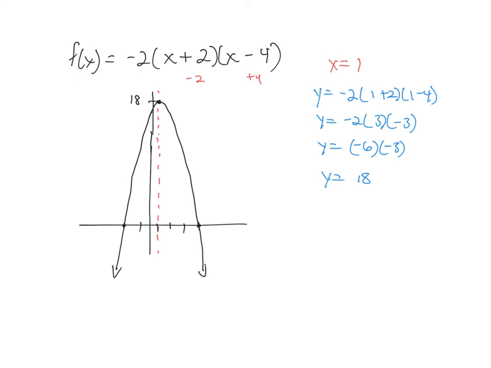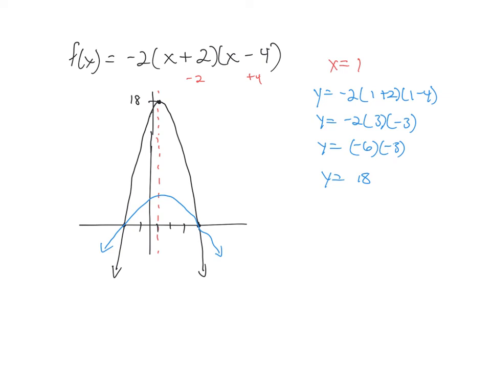So what this 2 does, and there's a -2, negative means it's going to go down, right? And then the 2 kind of stretches things out. We're not doing transformations or anything like that, but it is kind of a stretch. But the number in the front is important because I could draw a graph like that. I got messed up at the end there, but it still has the same intercepts.